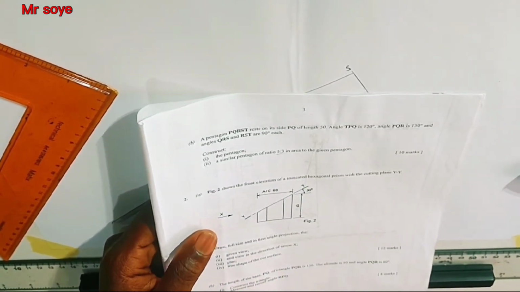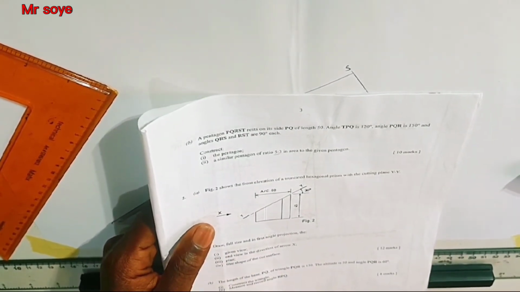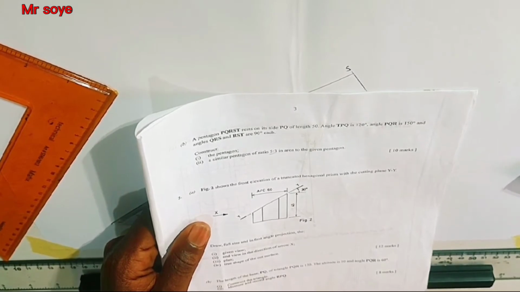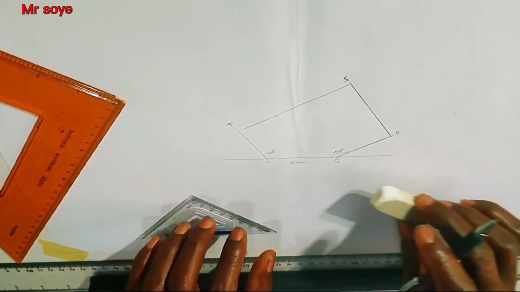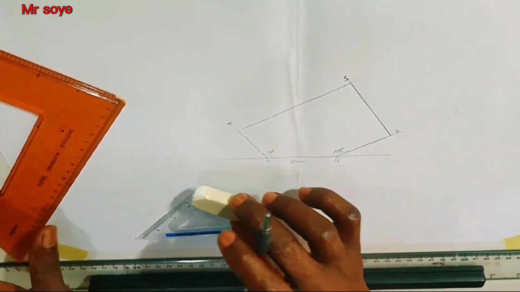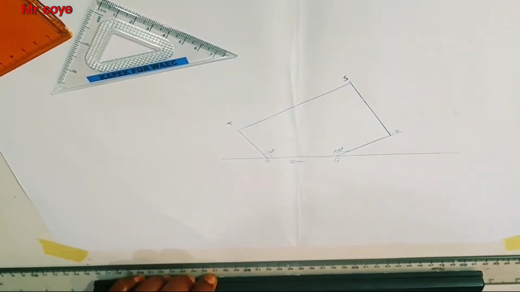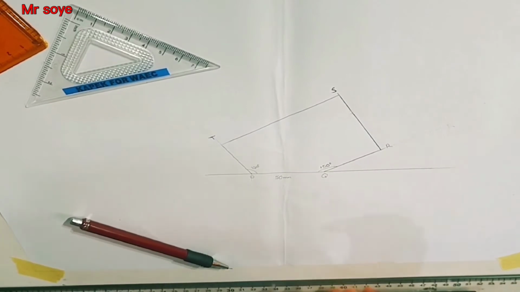That is a similar pentagon of ratio 5 to 3 in the area to the given pentagon. So what we'll do is to extend this PQ line. After extending, divide it into 5 equal parts.